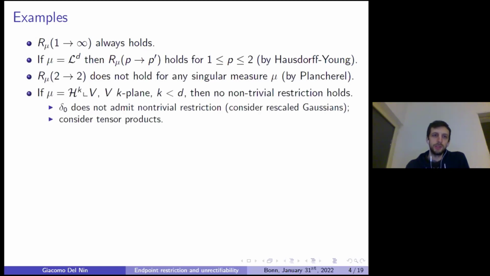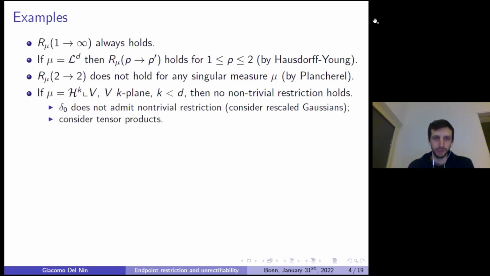And also, as a negative result, we have that if we take a flat measure, so we take as mu the k-dimensional Hausdorff measure restricted to a k-plane with k strictly smaller than d, then there is no non-trivial restriction. So for no exponent strictly bigger than 1 do we have restriction.